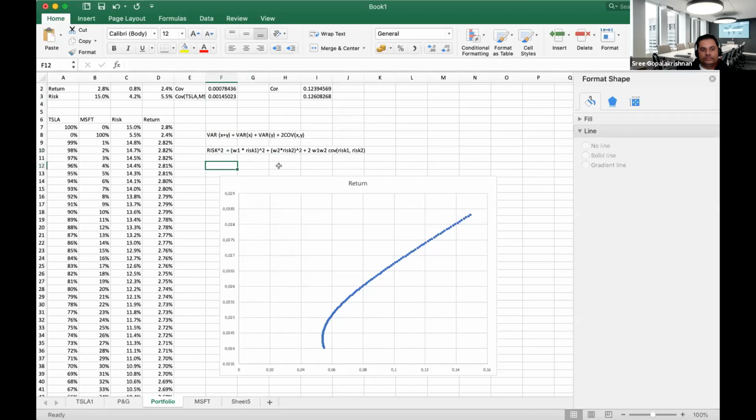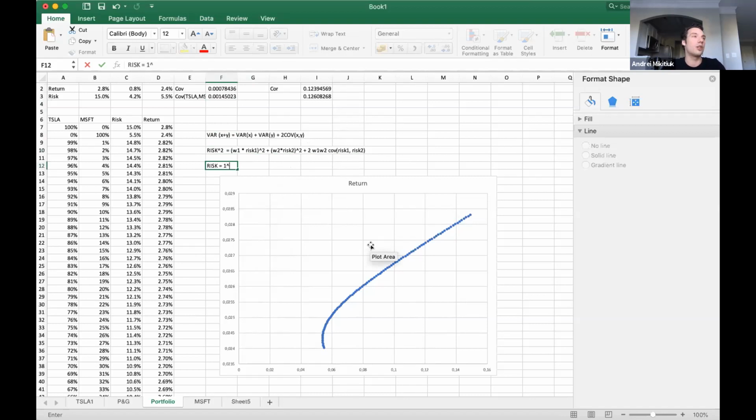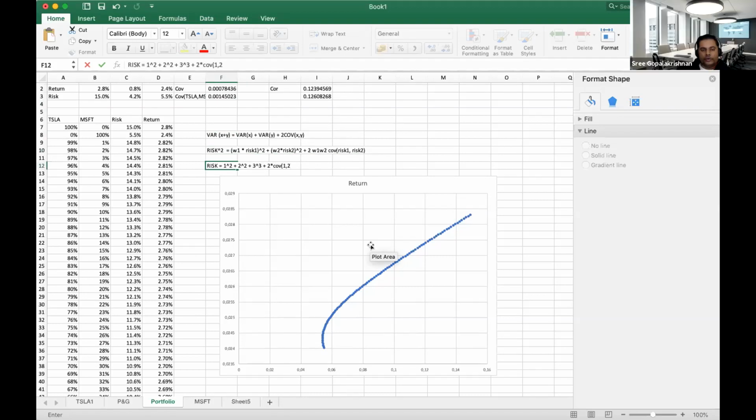If we have 3 securities, the risk would be still squared risk of 1 security plus squared risk of the second security plus squared risk of third security plus doubled covariances. That's basically all the same thing. So squared first, squared second, squared third, plus all pairs of covariances.